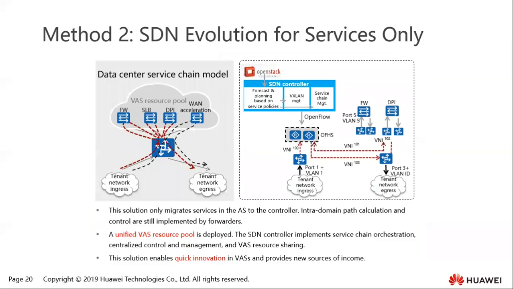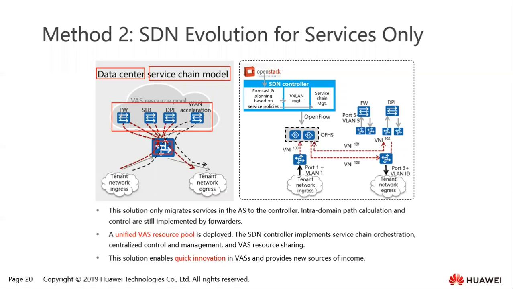So the other way is what we call service only. SDN evolution for service only. So for example, in data centers, you have what you call the service chain model. For example, if you have a system here, you might have many tenants inside it, meaning that there are different services that you're providing.